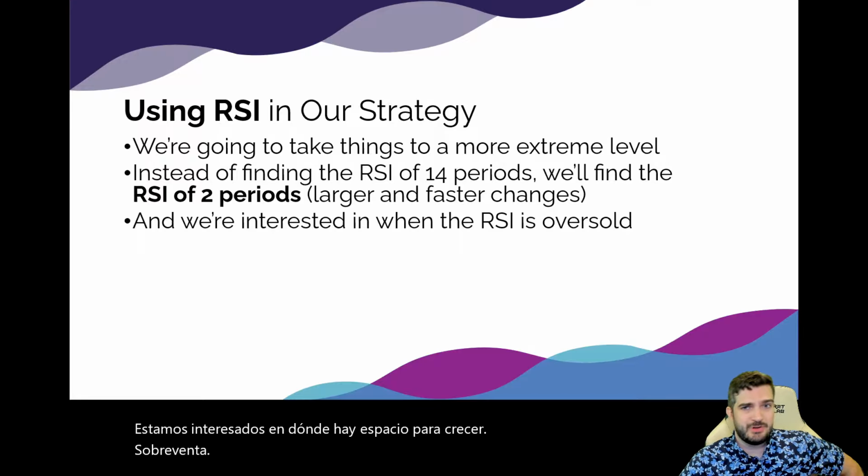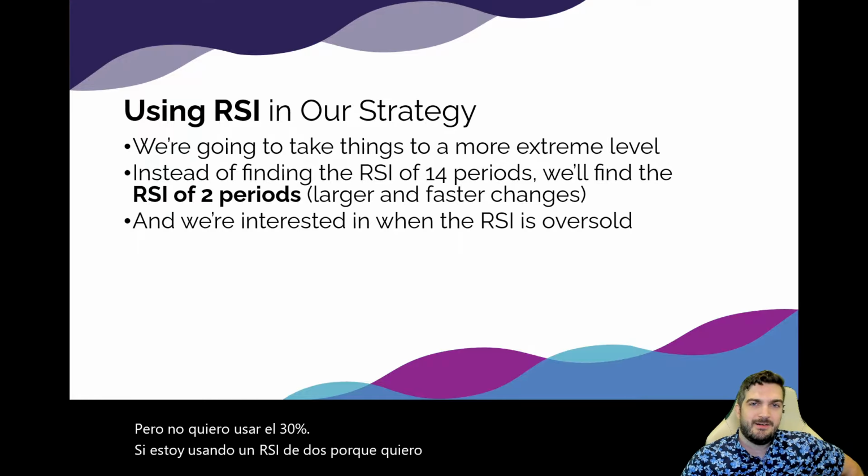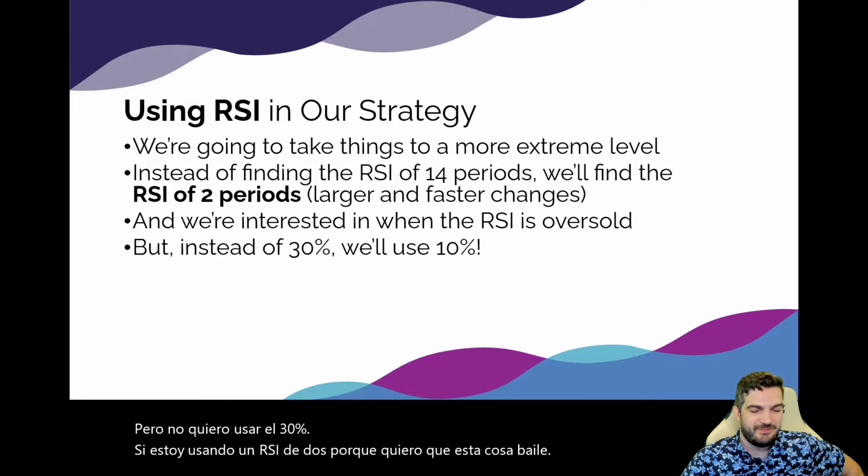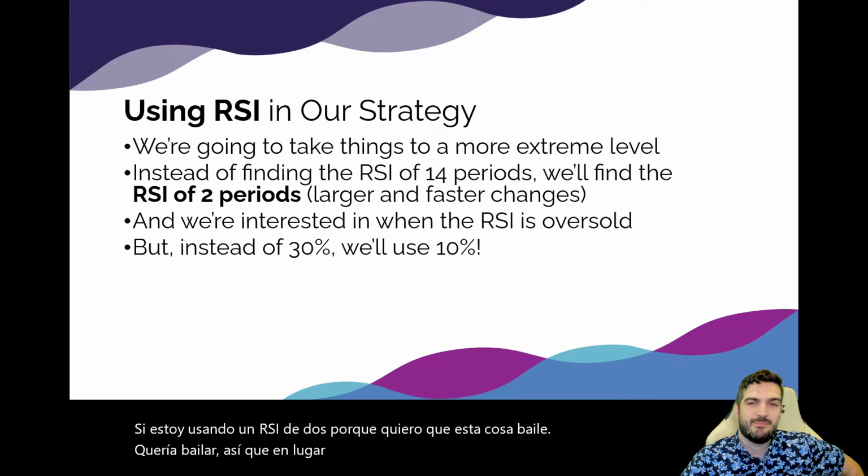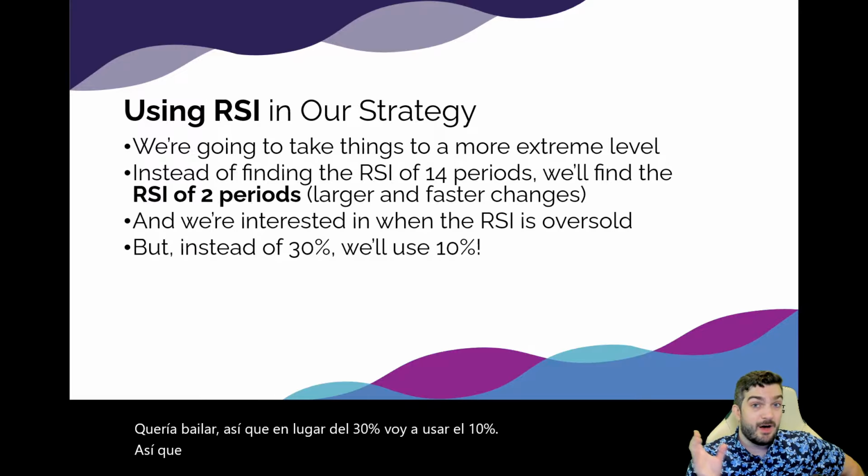But I don't want to use 30%. If I'm using an RSI of 2 because I want this thing to dance, I want it to dance. So instead of 30%, I'm going to use 10%. So now we are using an RSI of 2 periods of 10% or lower.